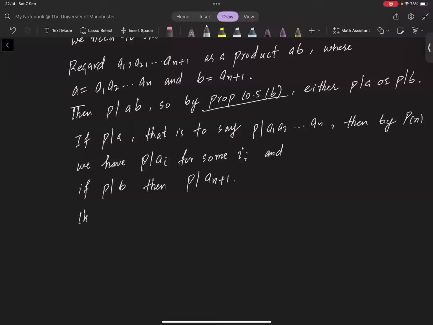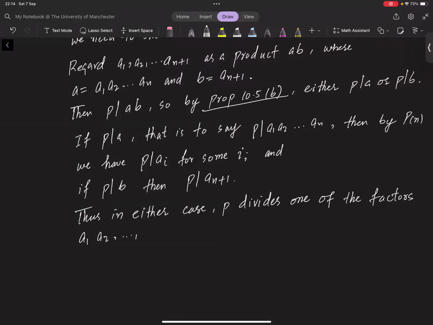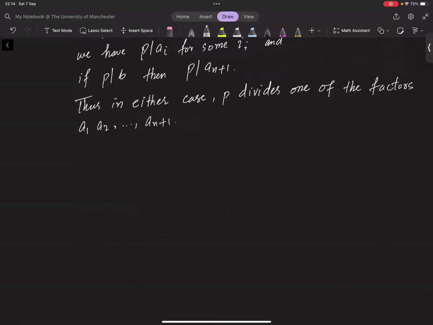Thus, in either case, P divides one of the factors A1, A2, up to AN plus 1. So we have established that P of n implies P of n plus 1.